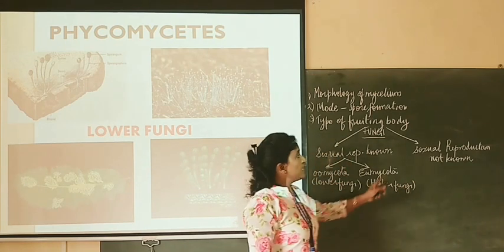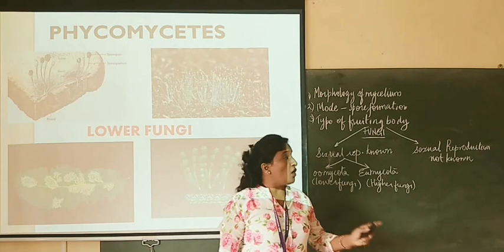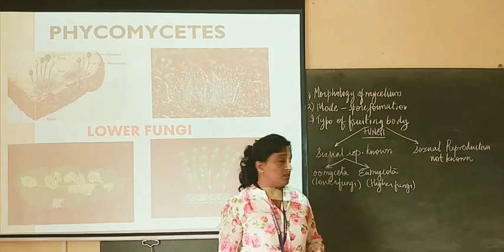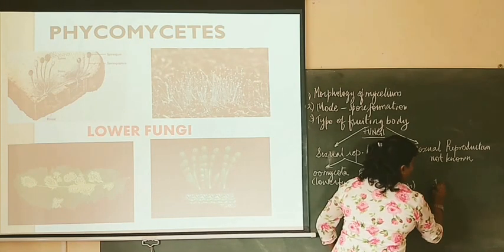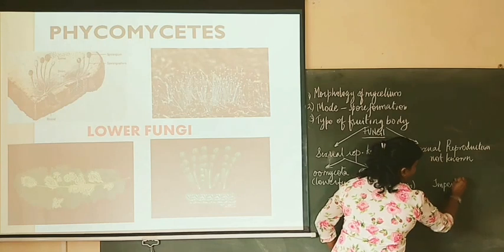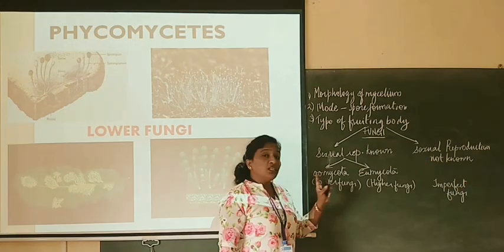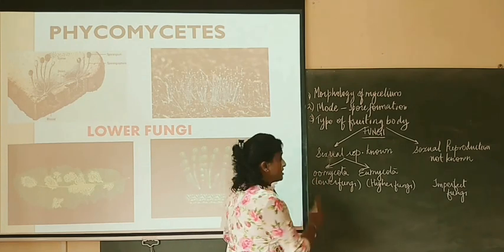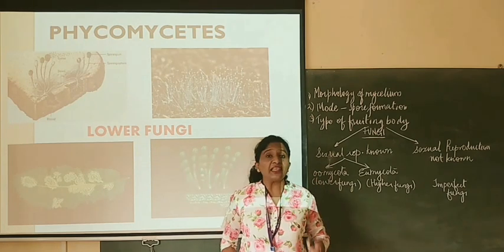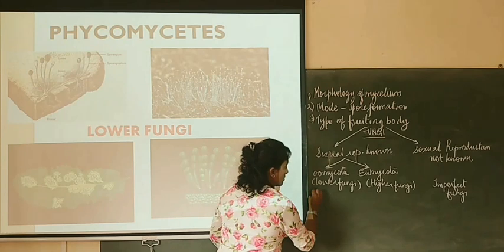Okay? And the species where we do not know the sexual reproduction, these fungi are called as imperfect fungi. Under Oomycota, that is the lower fungi, is the PHYCOMYCETES.